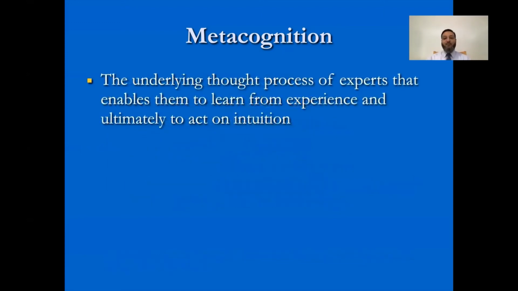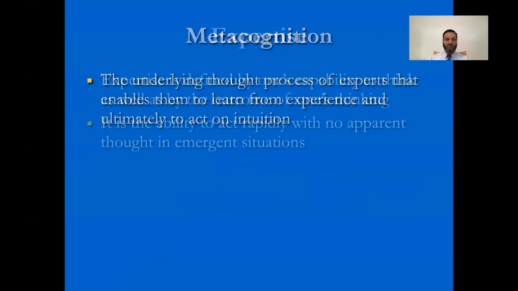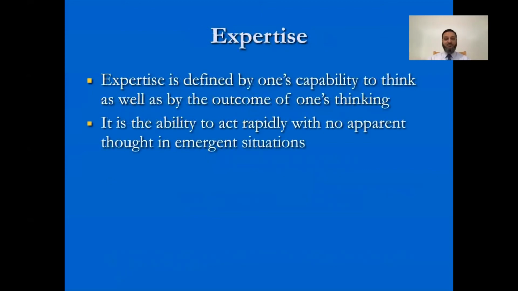The underlying thought process of experts that enables them to learn from experience and ultimately to act on intuition is metacognition. So metacognition helps you become an expert. Through the use of metacognition, you become an expert because you learn from your experience, and that ultimately allows you to act on intuition. Expertise is defined by one's capability to think as well as by the outcome of one's thinking.